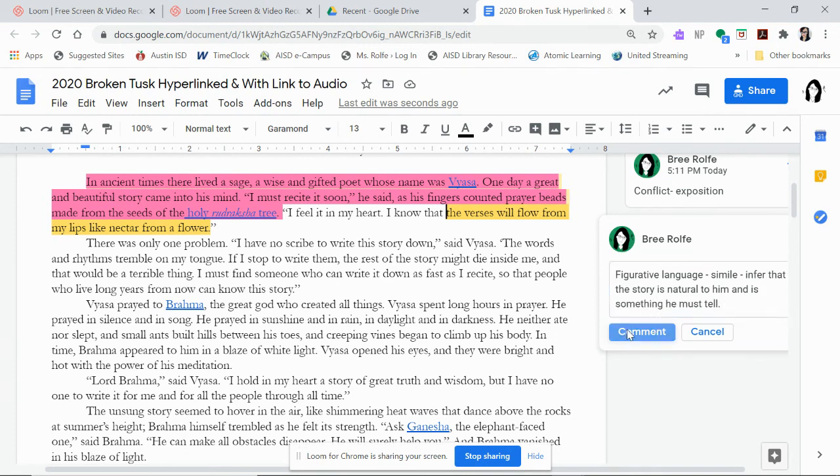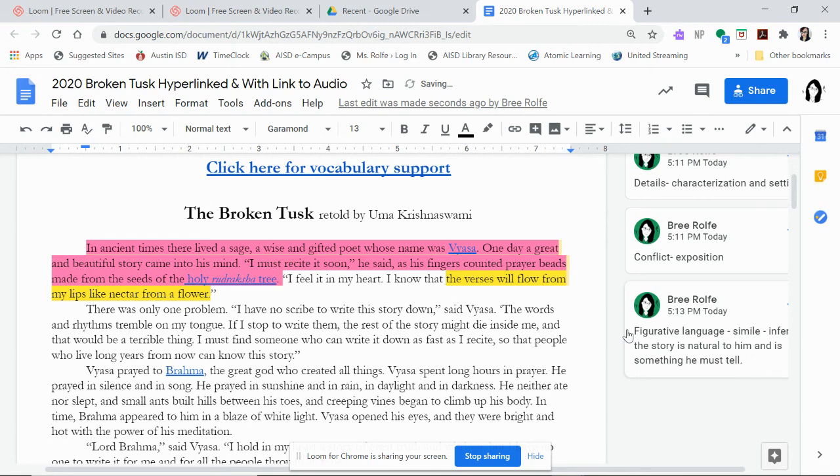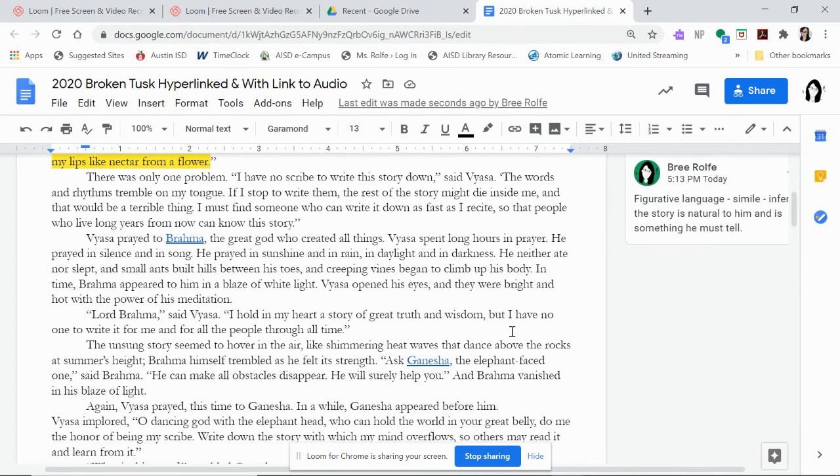And you can see why this kind of marking is what you do the second time you read the story, because you won't get this right away.